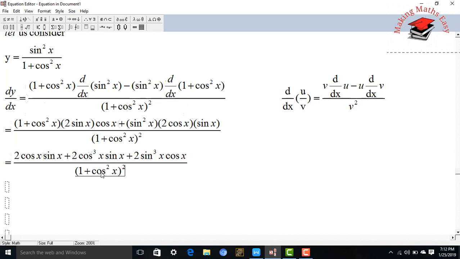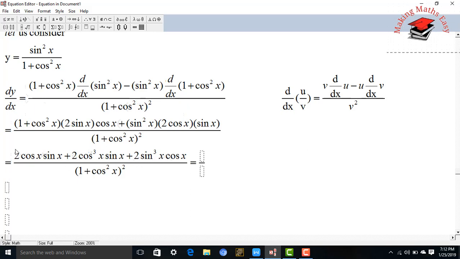One thing here is clear, that we can take 2 sin x cos x as a common factor. Here it is 2 sin x cos x, here it is 2 cos cube x sin x, here it is 2 sin cube x cos x.